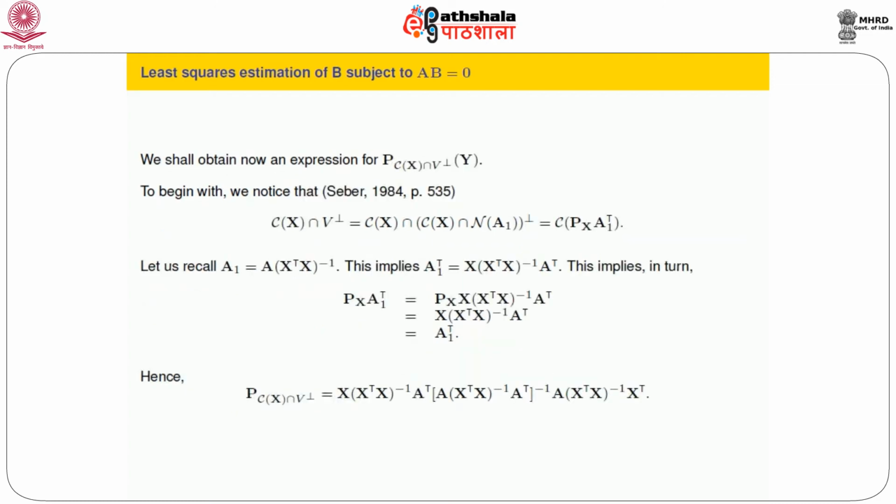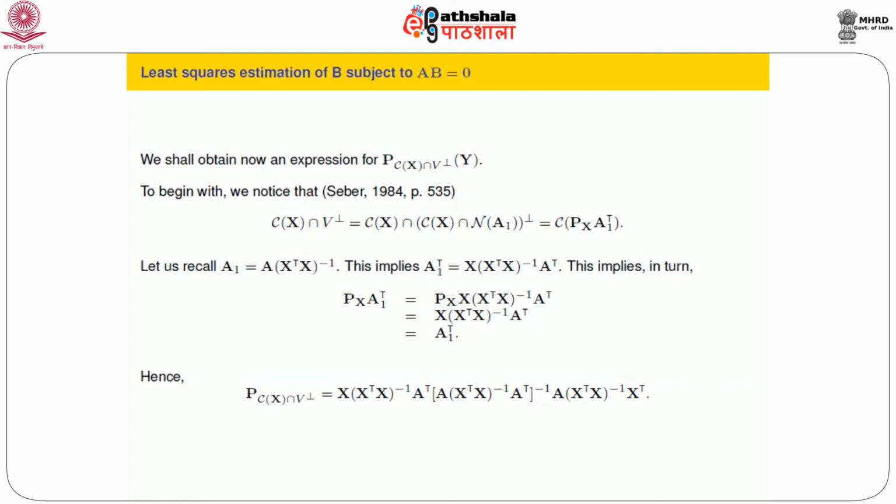We have to see this part carefully. This A1 transpose should be X transpose X inverse, because it's a symmetric matrix, so the transpose of the inverse of a symmetric matrix is the same quantity, but this X is the bothering part. We have to check it. We'll see the calculation again.